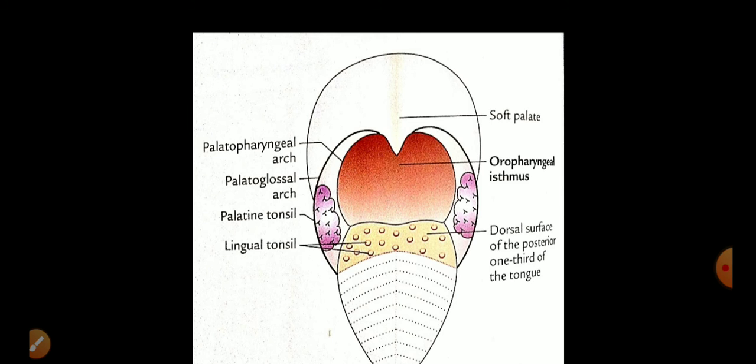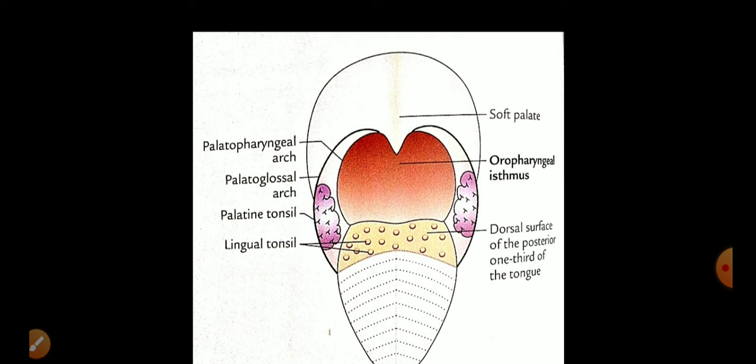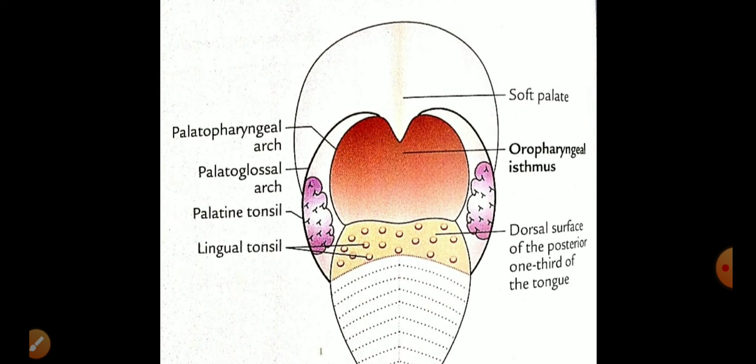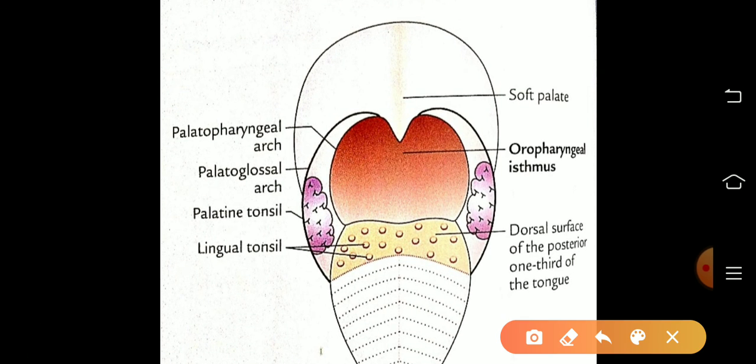But to be specific, it is bounded above by the soft palate, below by the dorsal surface of the posterior one third of the tongue, that is the dorsum of the tongue, and laterally by the palatopharyngeal arch. This is the palatopharyngeal arch.